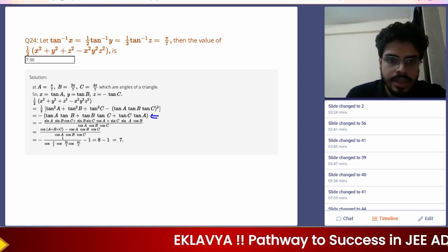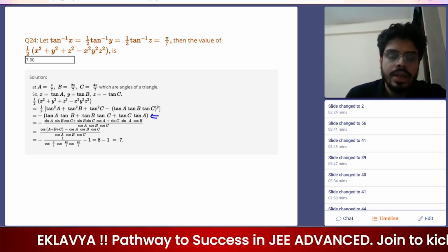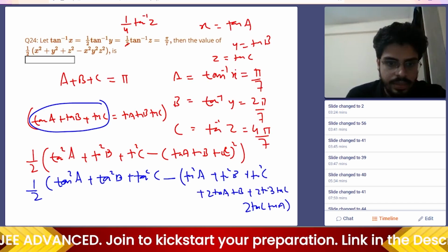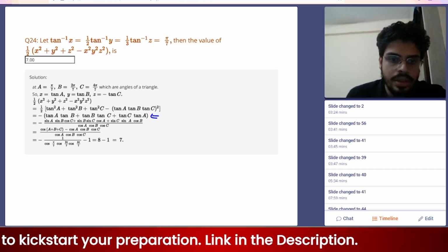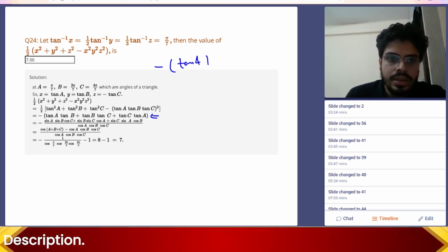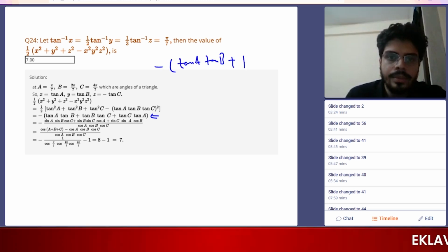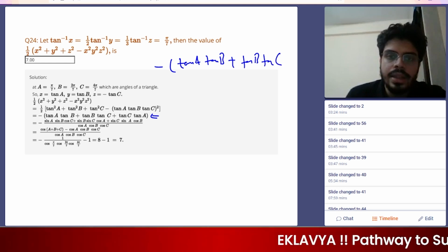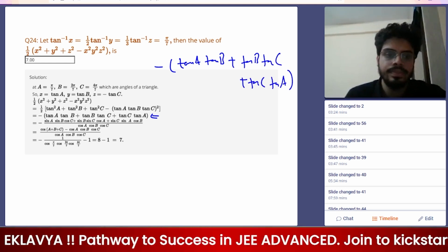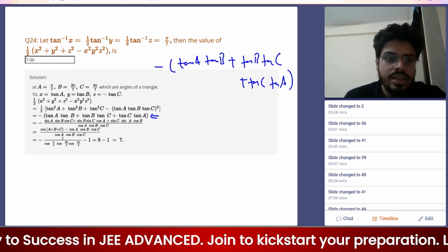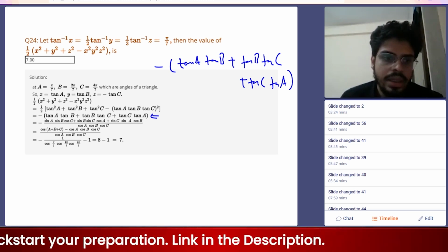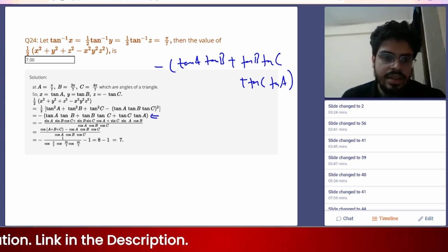So this will become this equation. And the negative sign is also there because of this sign. So negative of tan A tan B plus tan B tan C plus tan C tan A. Now we can change this into sine and cos, and they have taken the LCM also.